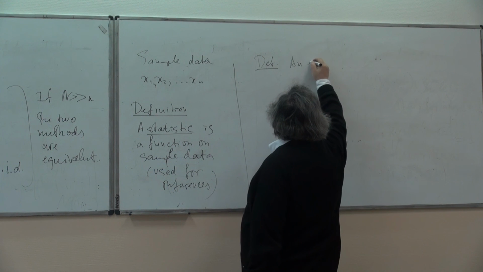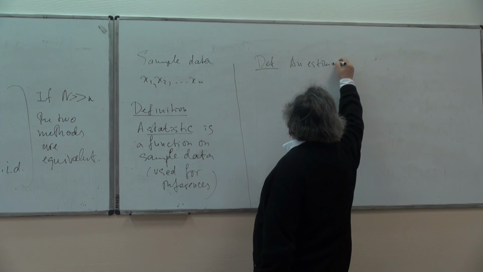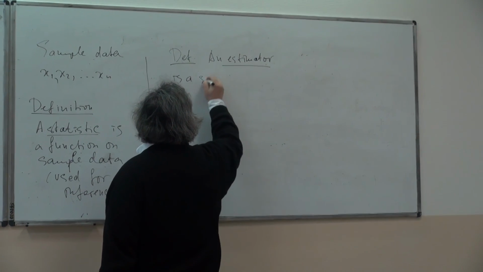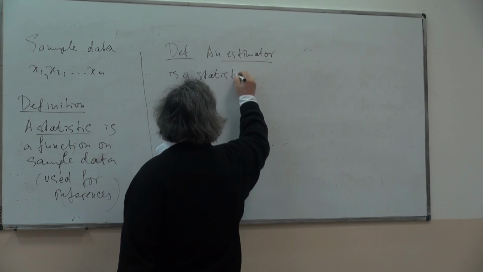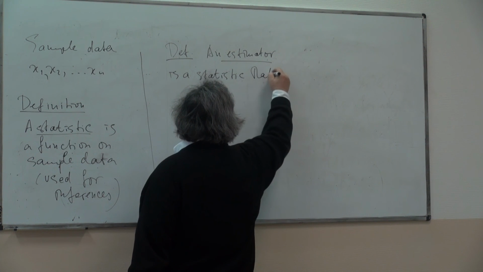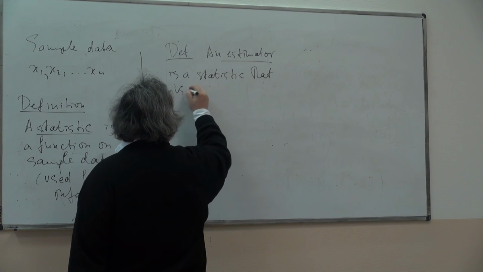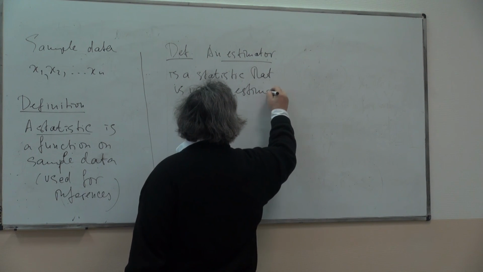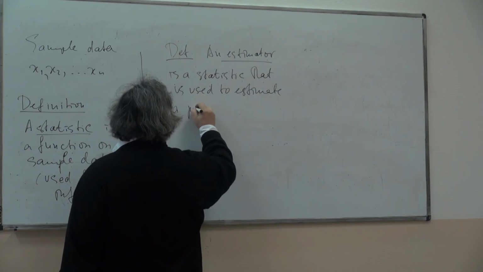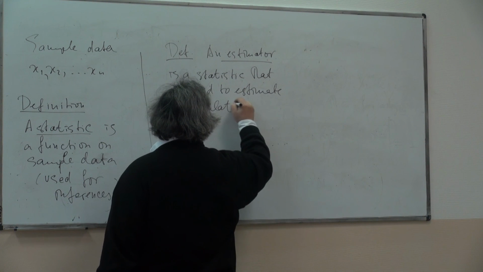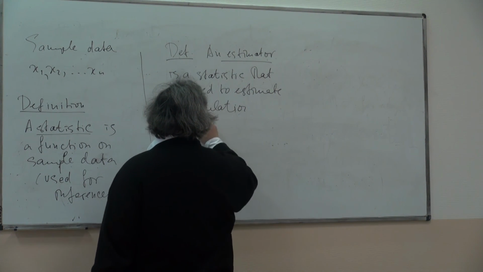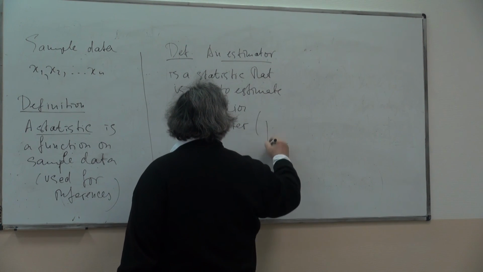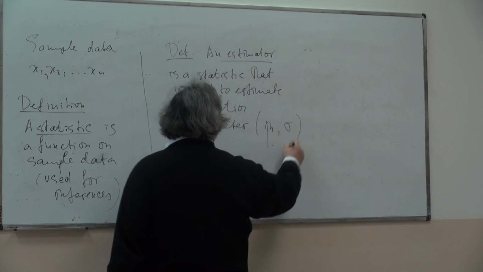An estimator is a statistic that is used to estimate a population parameter, such as mu or sigma.